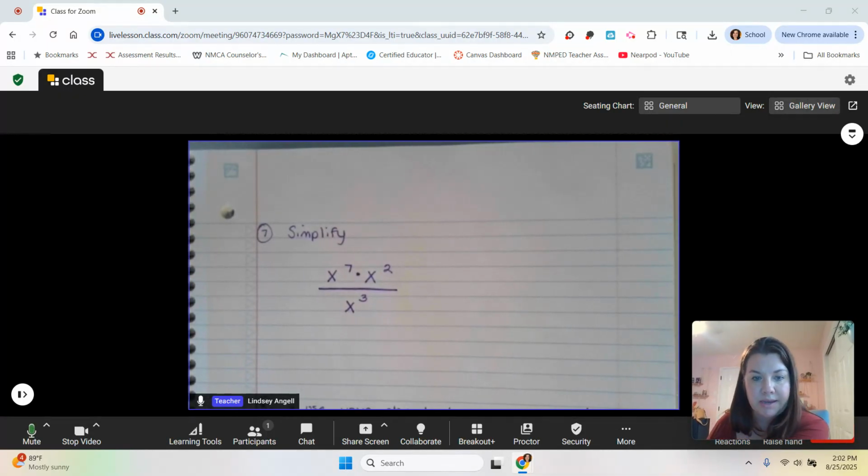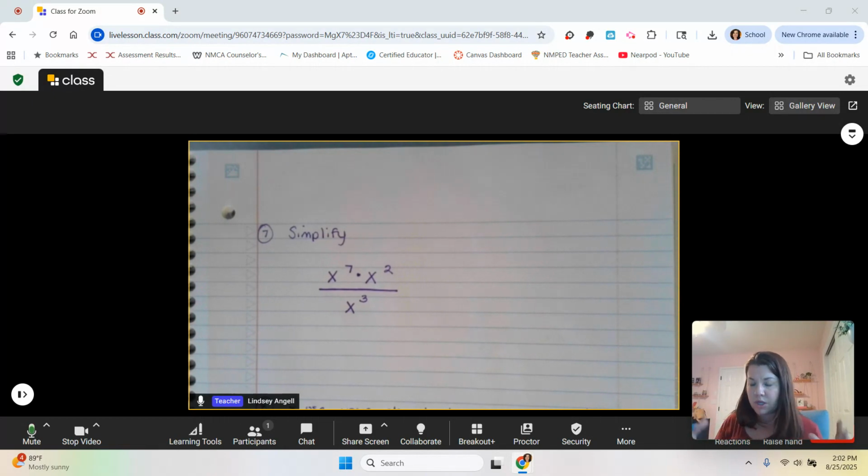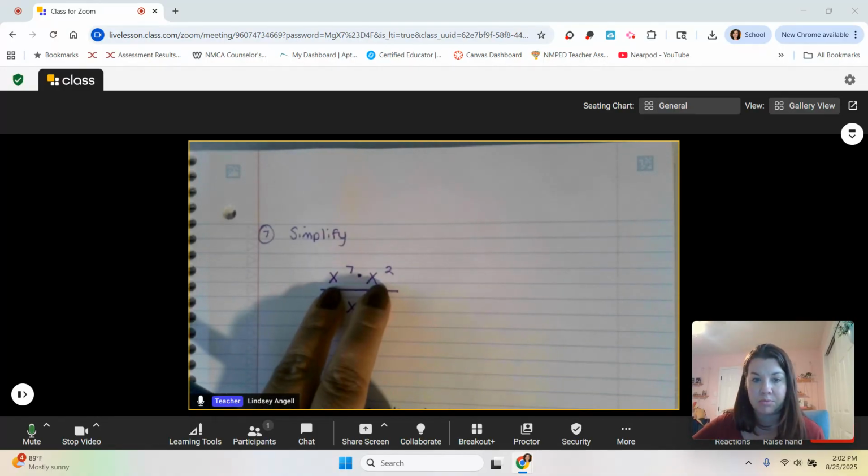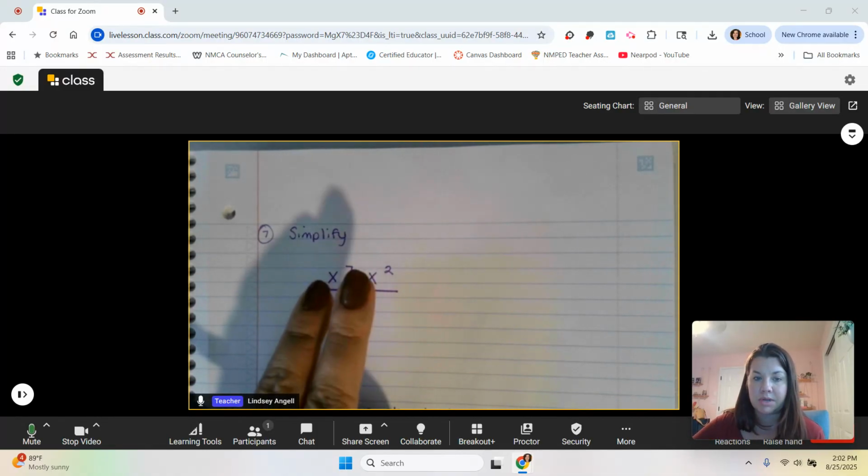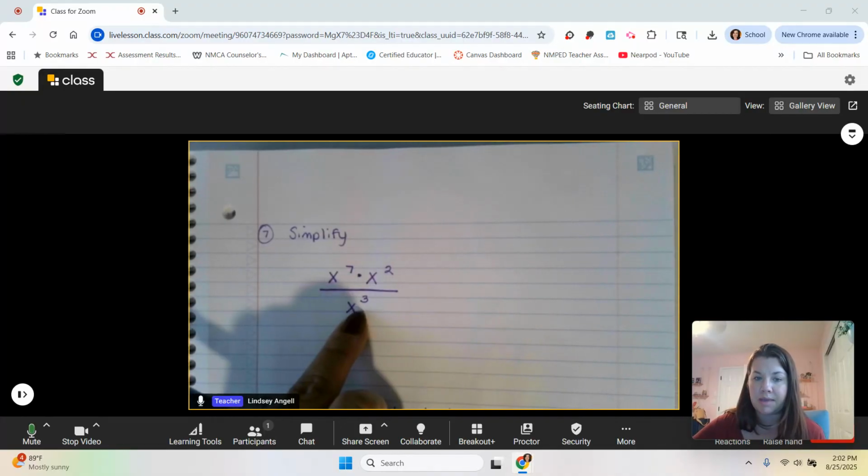Okay, number 7, simplify. So doing the same thing. We're going to get this down to as simple of a problem as we can. One, bases are the same, woohoo! There's 2 different things going on. One, I'm multiplying in my numerator, so I'm going to solve that first, and then I'll be able to figure out the division portion.